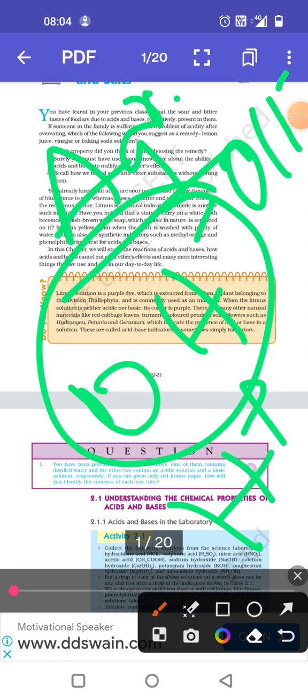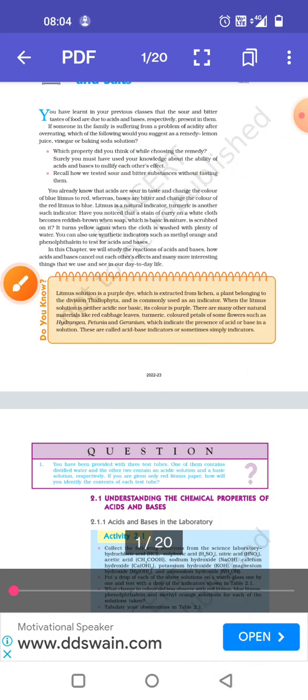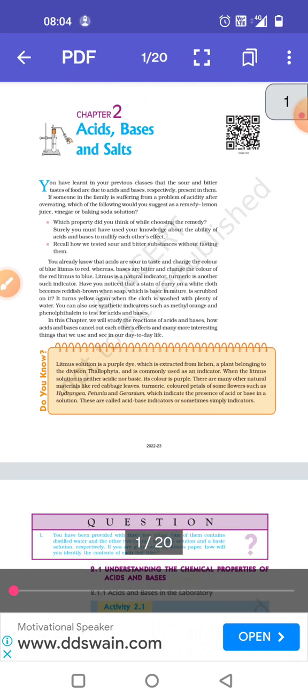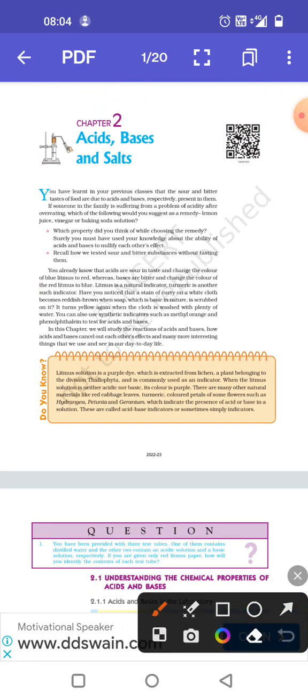Then in aqueous solutions of acids and bases, we can take some chemical equations. Like HCl, you know that is hydrochloric acid.